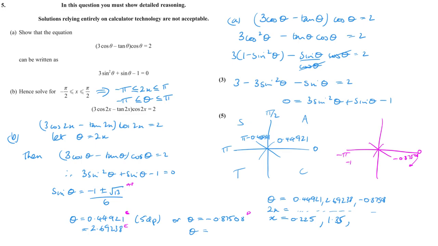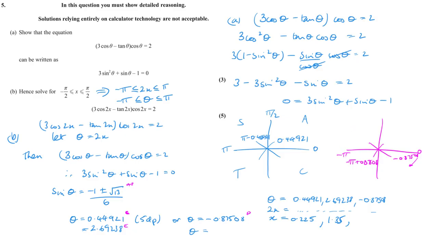And this one is minus pi plus 0.87508. Okay, you know what you need to do to this, because minus pi minus this would take me further around this way.